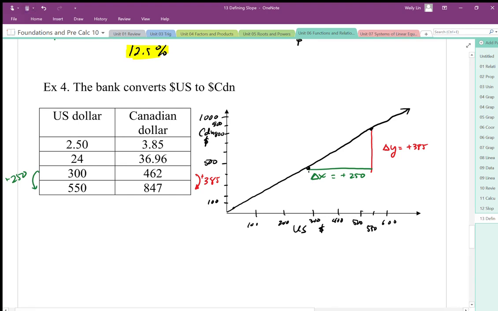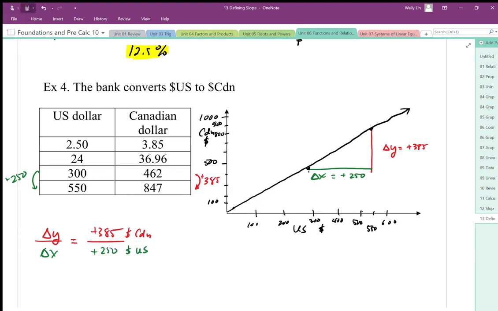We know the units of this slope if we just keep track of the Y versus the X. Our change in Y was positive $385, and that's dollars Canadian. The change in X is going to be positive $250 US.